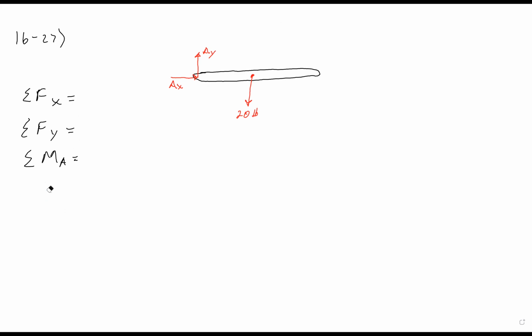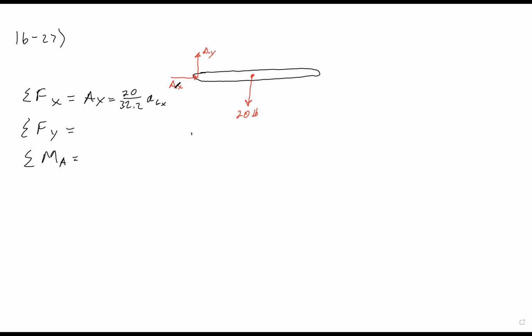So now the setup is mostly the same thing that we have been dealing with so far. Our forces in the X are AX, that's it. And then we have the mass times acceleration on the other side, because this is Newton's law. Well, the mass is going to be the 20-pound weight divided by the acceleration due to gravity, that's mass, and then the acceleration of the center of gravity in the X direction.